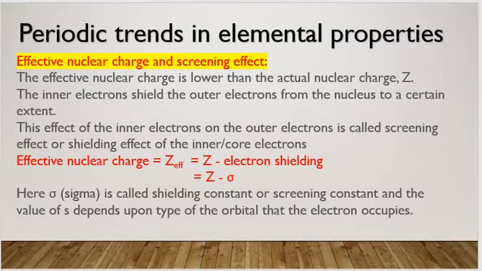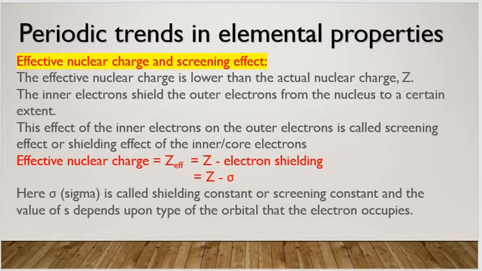Now we will discuss the periodic trend in some physical properties like atomic radius, ionization enthalpy, electron gain enthalpy, and these trends are explained in terms of two factors.